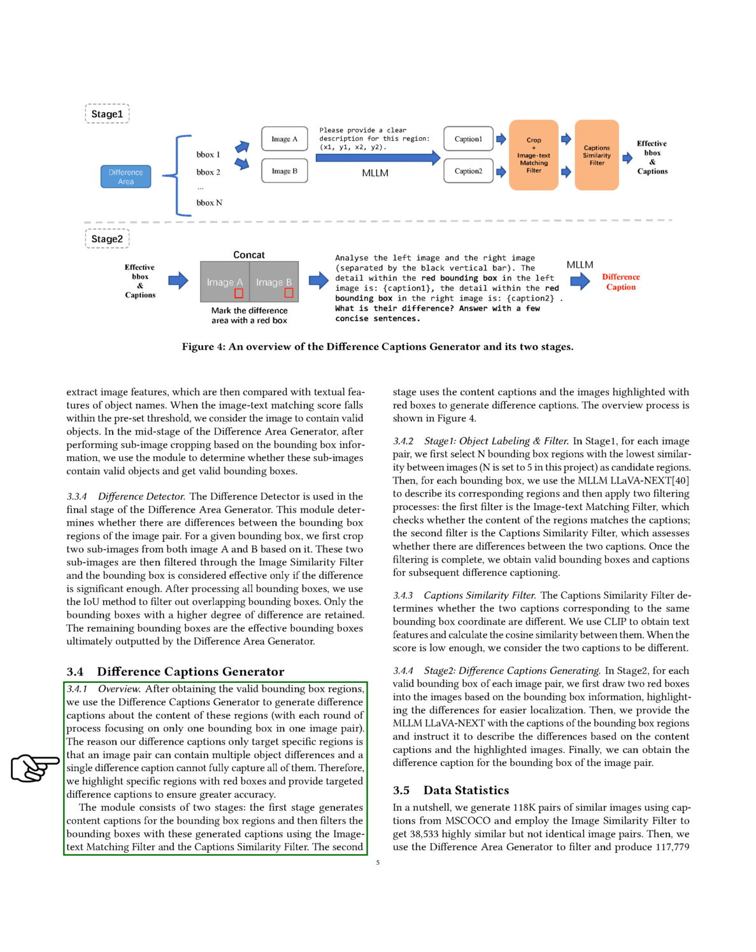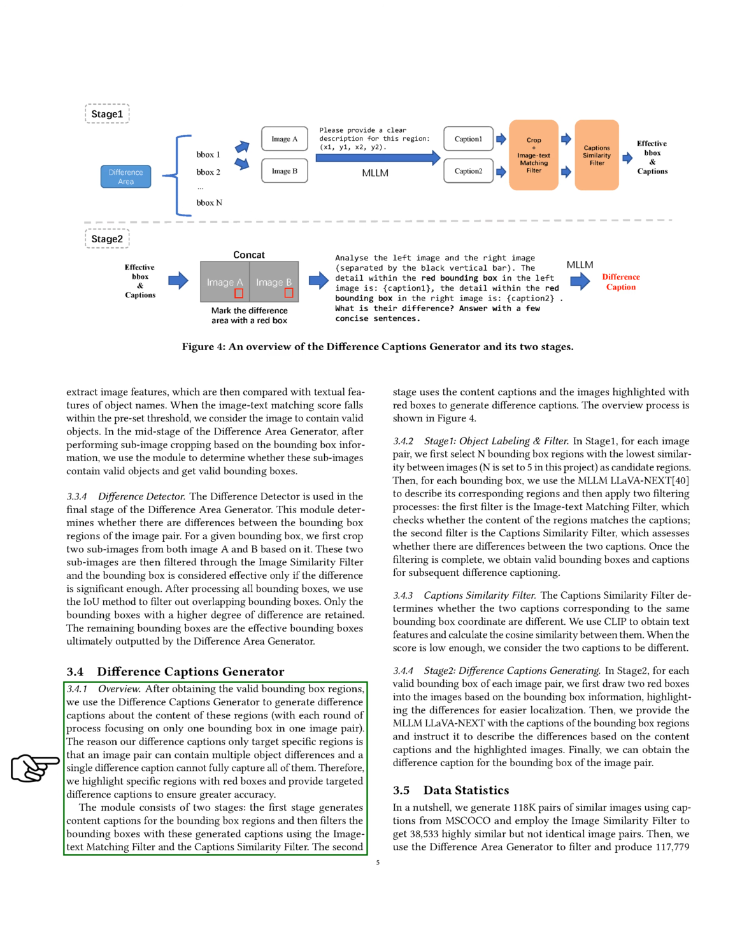After identifying valid bounding box regions, we use the difference captions generator to create captions that describe the content of these areas, focusing on one bounding box at a time. This approach allows us to address multiple differences in an image pair more accurately. We highlight specific regions with red boxes and generate targeted captions. The process consists of two stages.